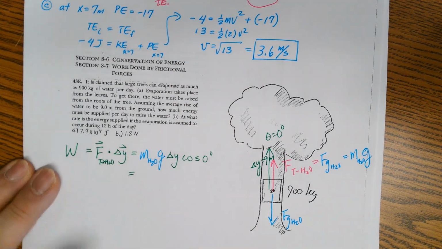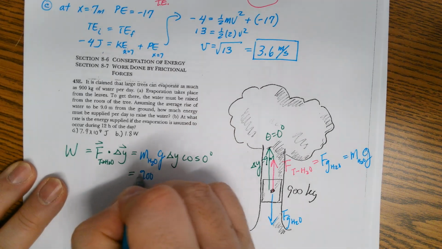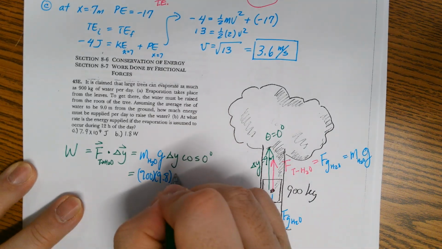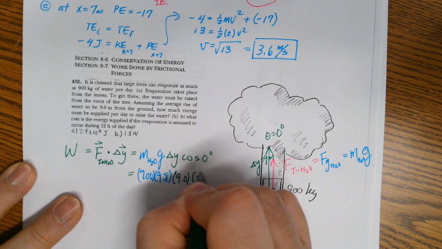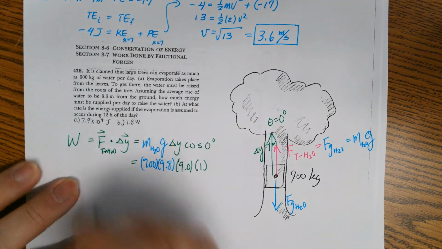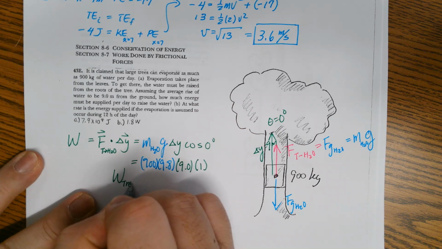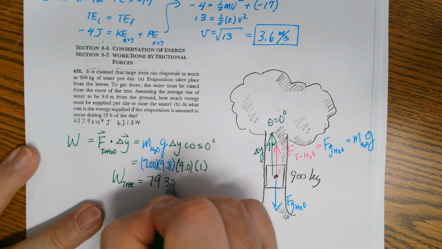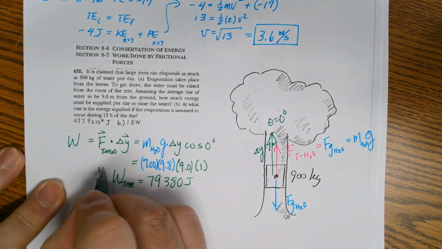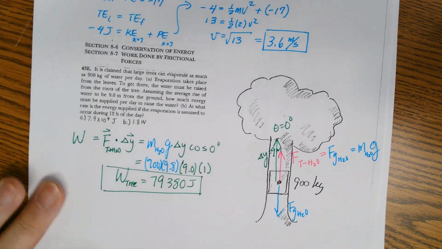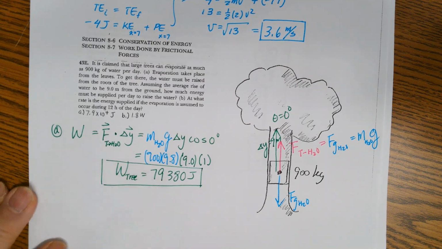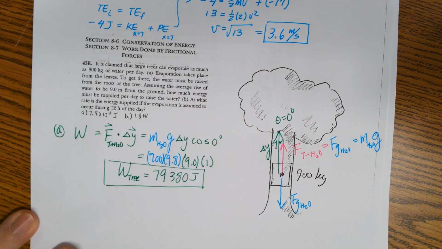So here it is 900 kilograms times 9.8 times 9.0 times 1. So the work done by the tree is equal to, I think you get something like 79,380 joules of work done by the tree. That's how they're doing a lot of work. Yeah? So go hug a tree today and say thank you.